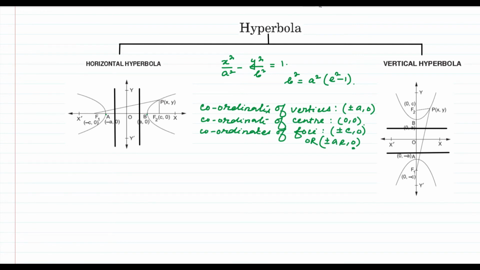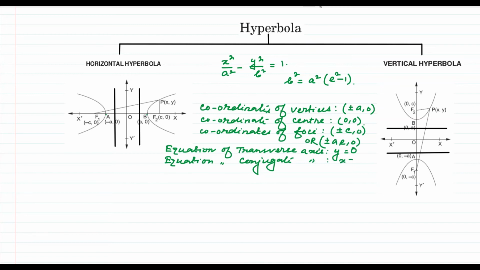The next is the equation of the transverse axis, which is y equals 0. The equation of the conjugate axis is x equals 0. The equations of the directrices are x equals plus minus a by e.